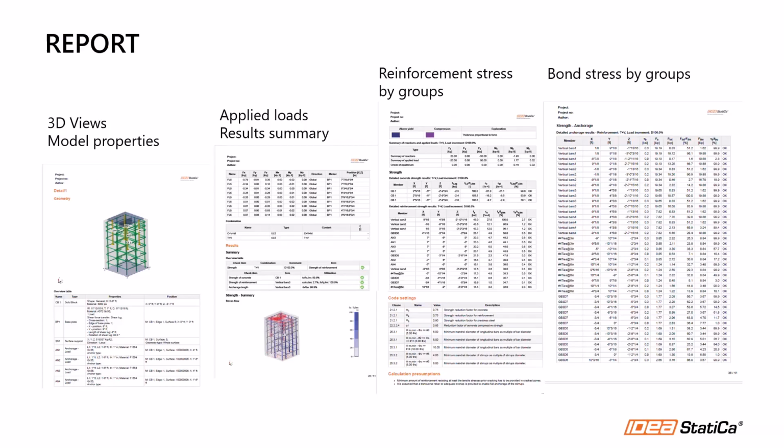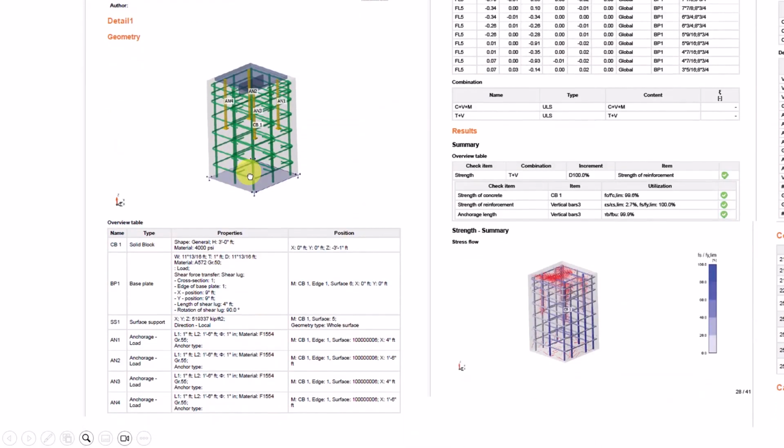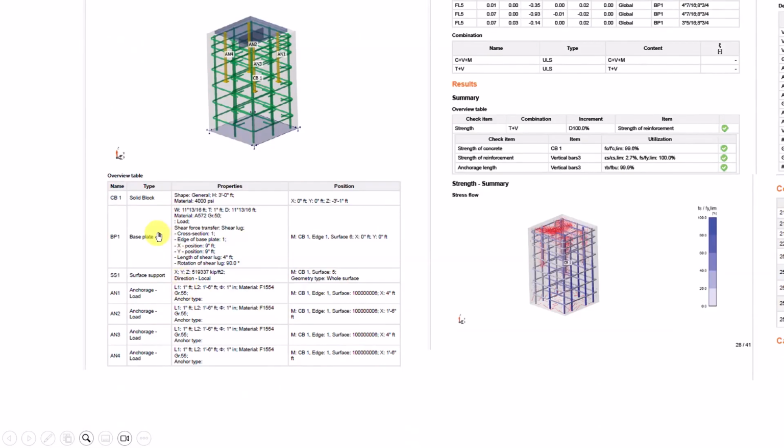And the last part that I am going to show here about the software is that you will get this report. In the report, you will see things like the 3D view and model properties. Let me zoom in on this report here, and you will see the properties of all the elements, the base plate, all the details, the distances of the anchors, right?